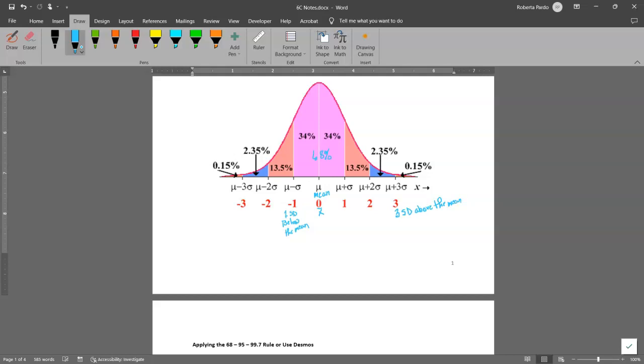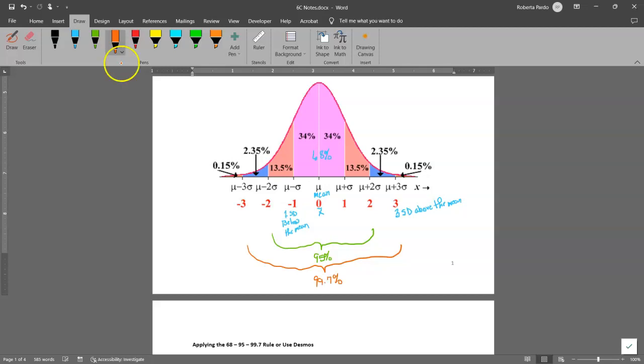So 68% of the data falls within this section. And then our next section, if we take 13.5% plus our 68% plus another 13.5%, so within 2 standard deviations, 95% of the data falls in this section. And then within 3 standard deviations, just about all the data is 99.7% of the data.